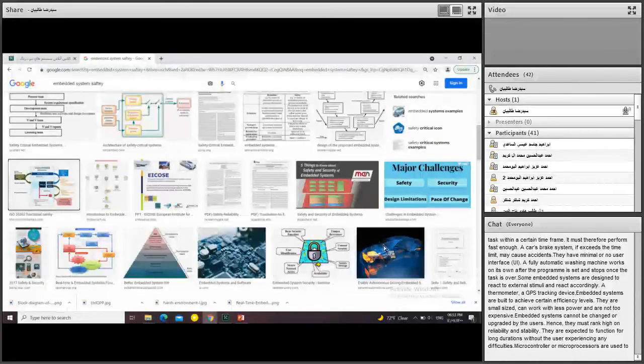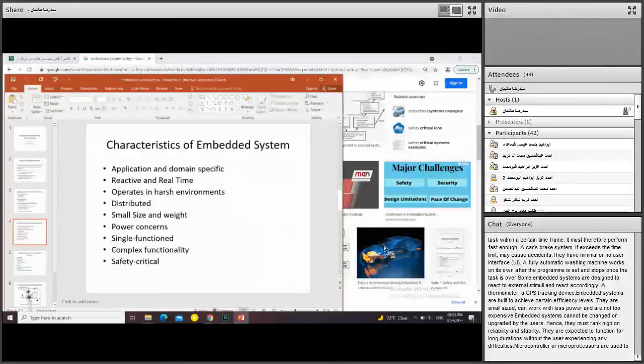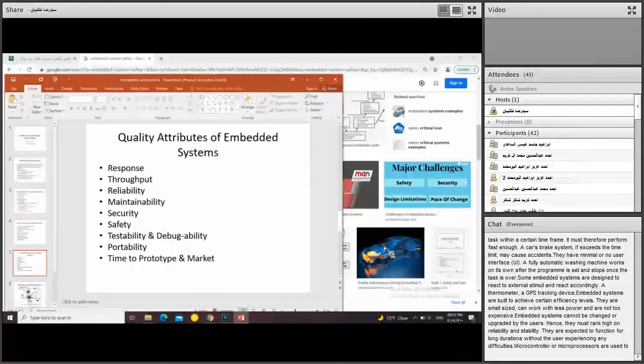Another application of embedded systems is as a data security system, as a data encryptor, and other safety applications of embedded systems. Then we can find some examples of safety in embedded systems. Okay.